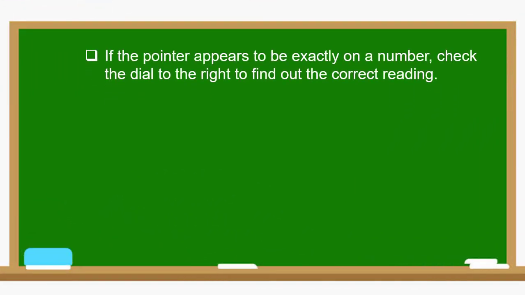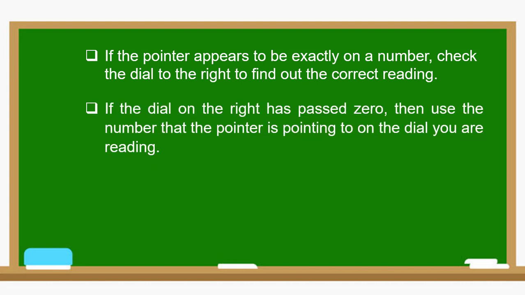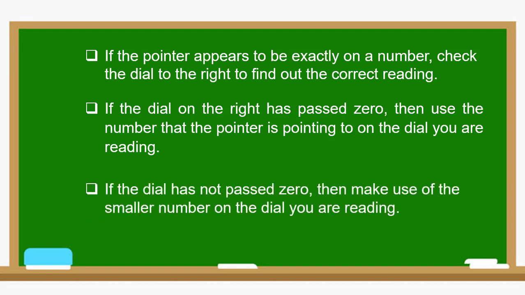If the pointer appears to be exactly on a number, check the dial to the right to find out the correct reading. If the dial on the right has passed 0, then use the number that the pointer is pointing to on the dial you are reading. If the dial has not passed 0, then make use of the smaller number on the dial you are reading.